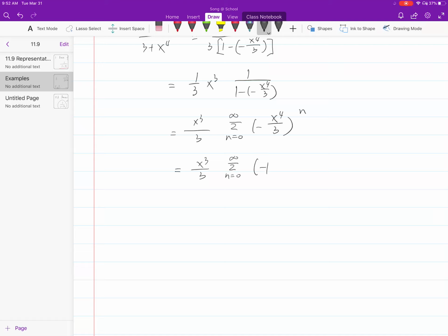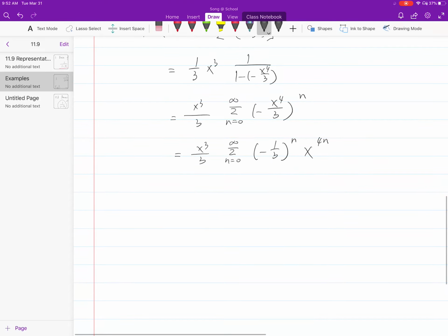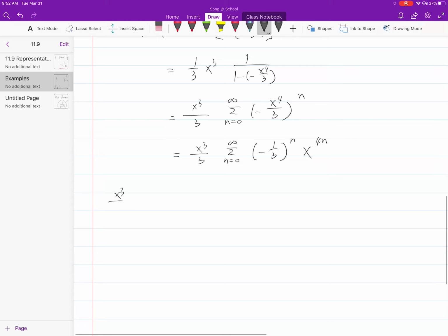Okay, this is going to be negative 1/3, which will make the whole thing alternating, and x to the 4n. Okay, this is my simple power law. Now after we do that, let's see what this really is.